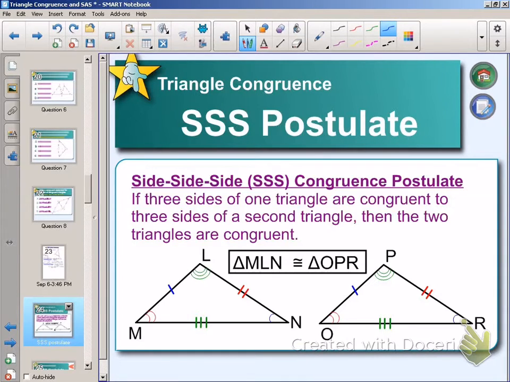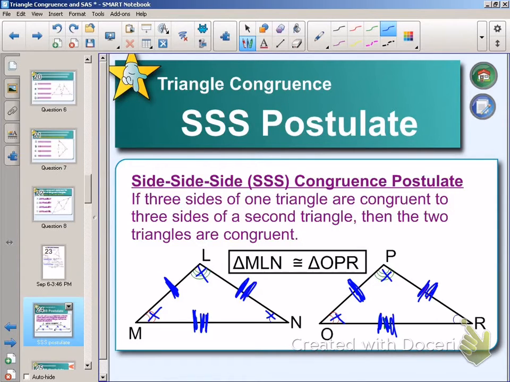So even if you are not told that the angles are congruent, if you know that LM is congruent to OP, if you know that LN is congruent to PR, and if you know that MN is congruent to OR, you can be 100% sure that the two triangles are congruent, even if they didn't give you the information about the angles.